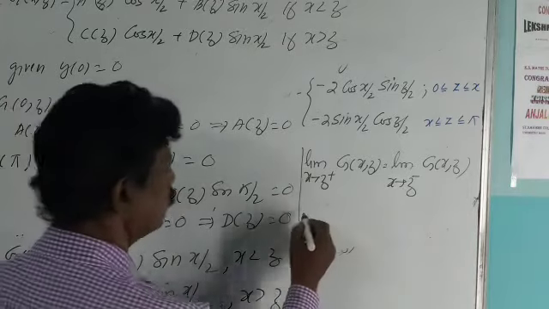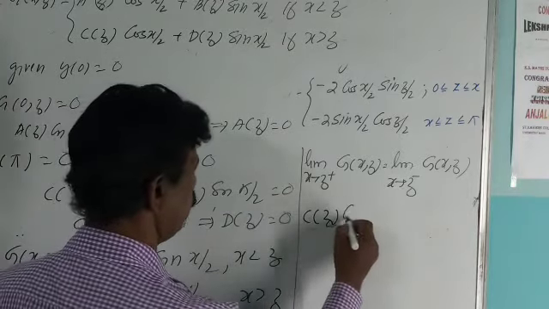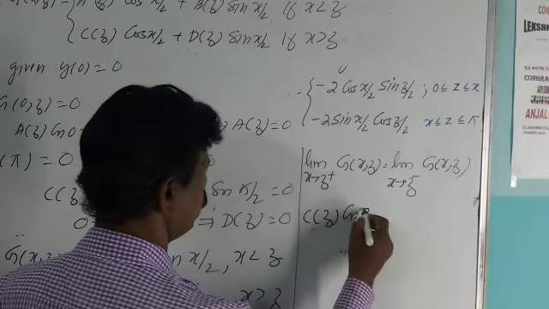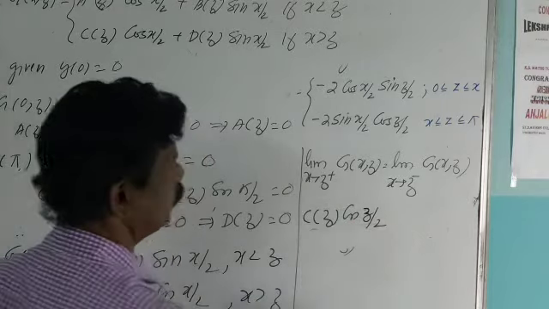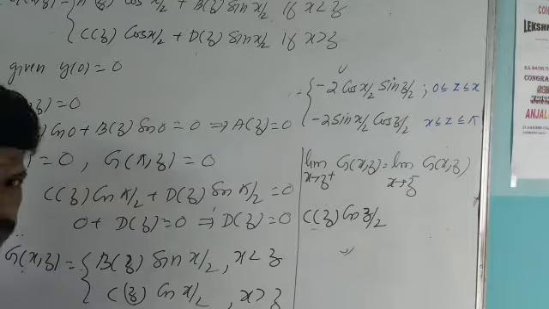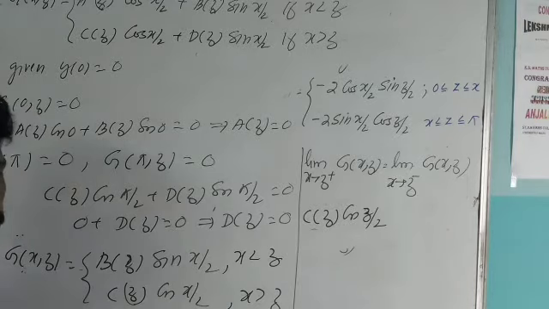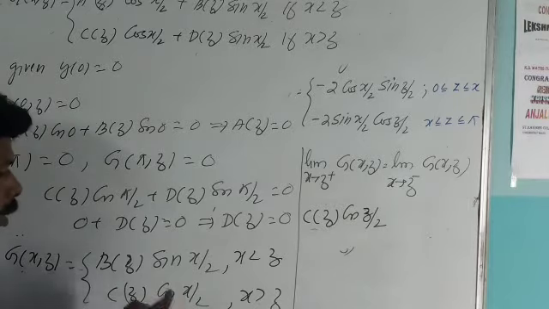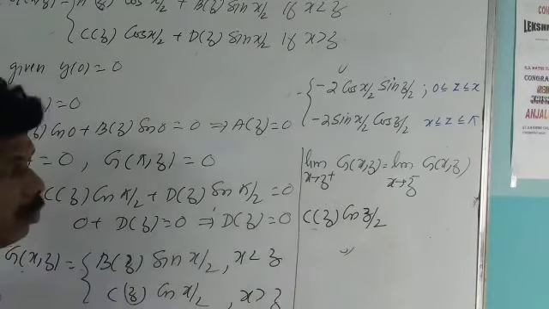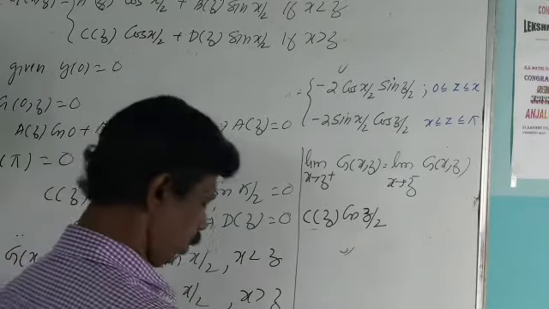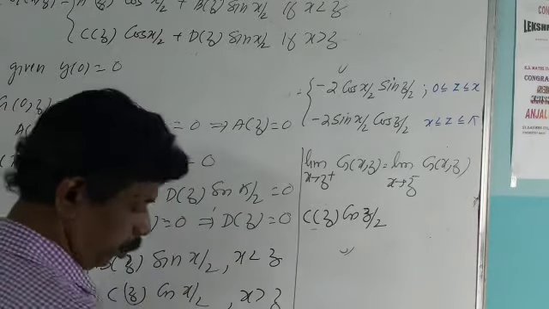So we can write this is equal to c z cos x by 2. Instead of x by 2 we can write c z cos z by 2. When x tends to z plus, that is x greater than z, this term becomes z by 2, c z cos z by 2.